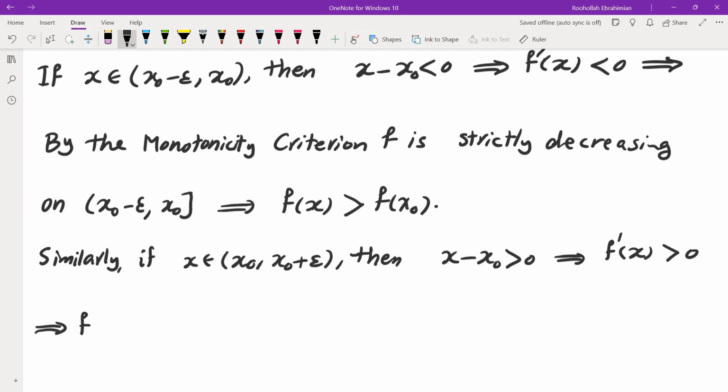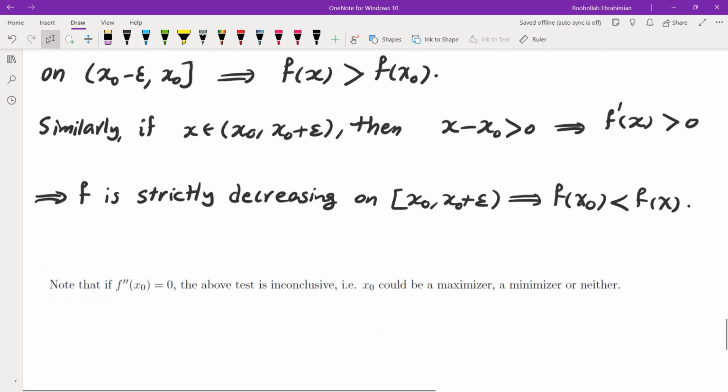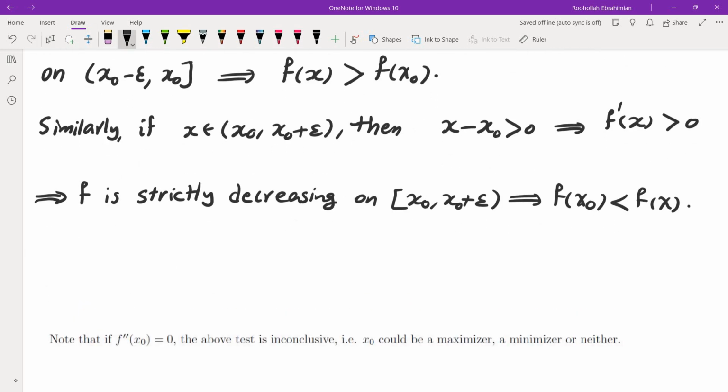And this means f is strictly increasing on the interval x0 to x0 plus epsilon, which means f of x0 is less than f of x. And that's exactly what we wanted.